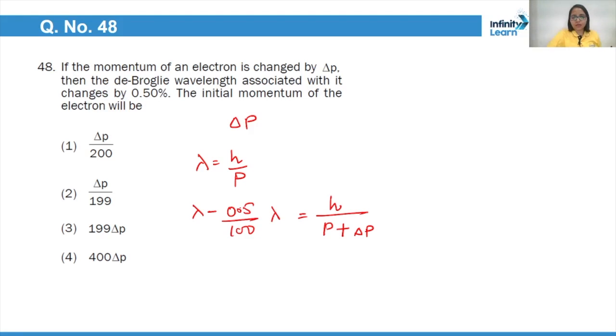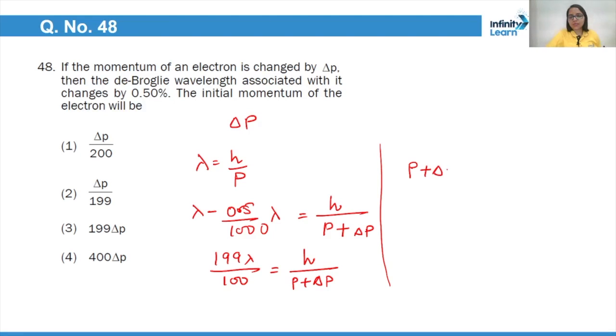So this will be 1 upon 200. So it is 199 lambda upon 100, and that is equal to h upon p plus delta p. After cross multiplying, you get p plus delta p as h upon lambda into 100 upon 199. But h upon lambda is p. So p plus delta p is equal to p times 200 divided by 199.